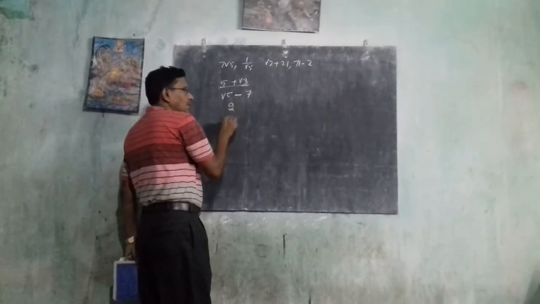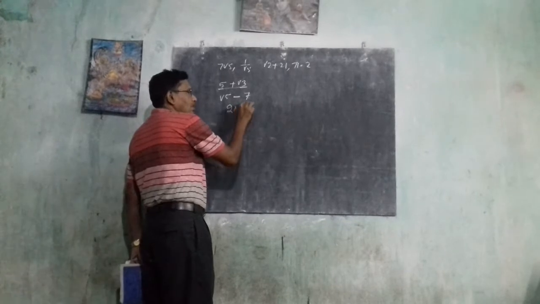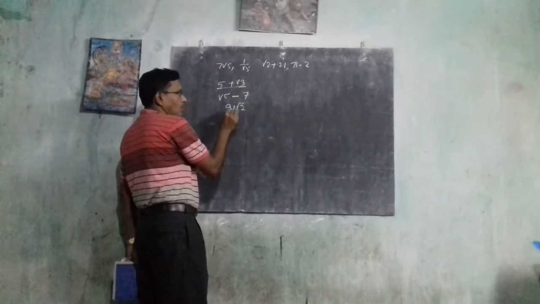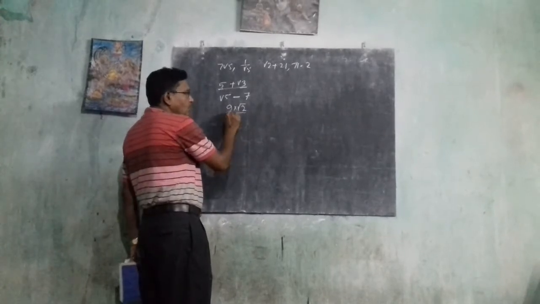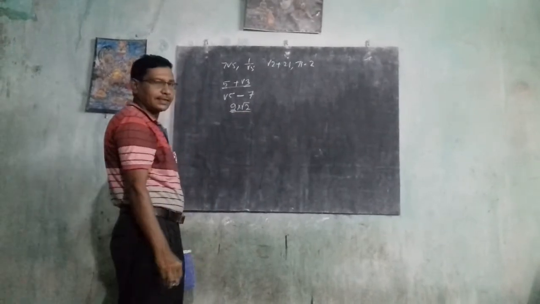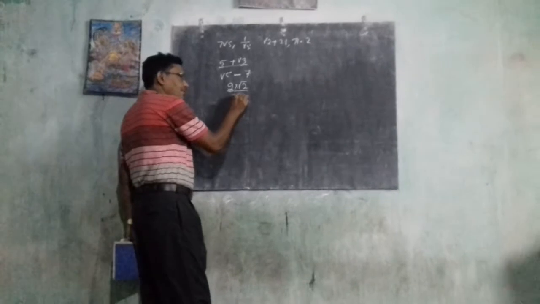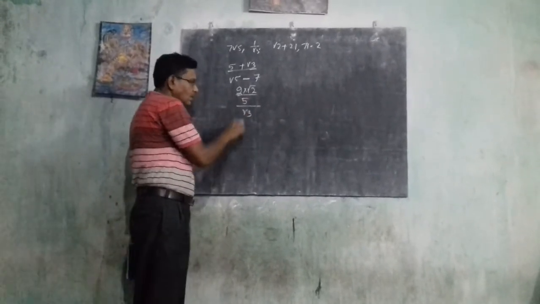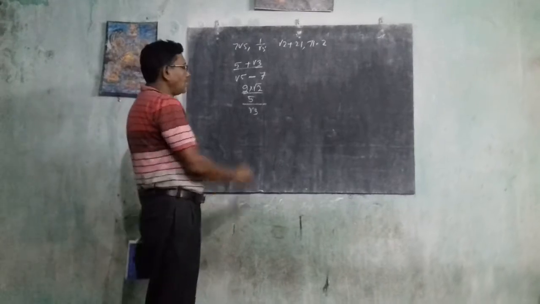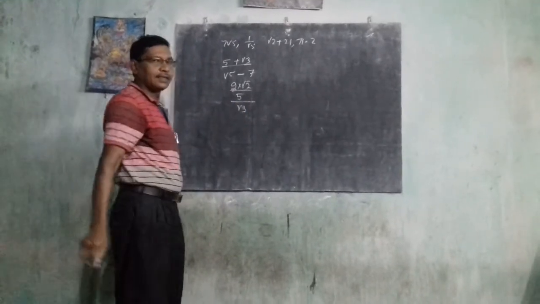Suppose 2 is rational, multiplied with root 2. 2 is rational and root 2 is irrational, so the product 2 root 2 becomes irrational. Like that, 5 is rational and root 3 is irrational, so 5 by root 3 is an irrational number.